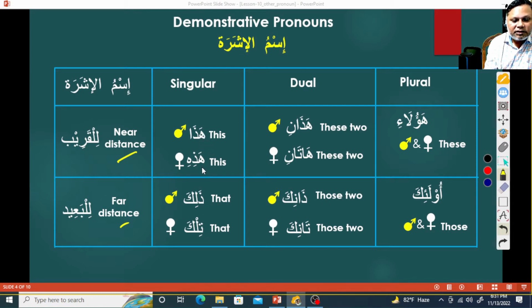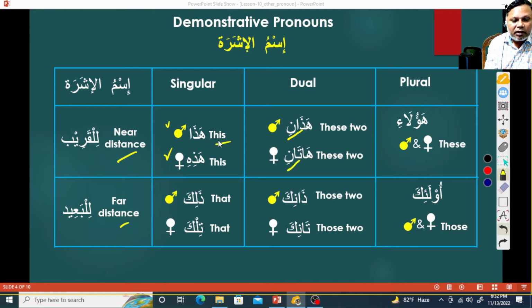Haza and hazihi, this is for near distance demonstrative pronoun. This means that. Haza for male, hazihi for female. Plural dual of this haza and hazihi is hazani and hatani. We have to add this ani.